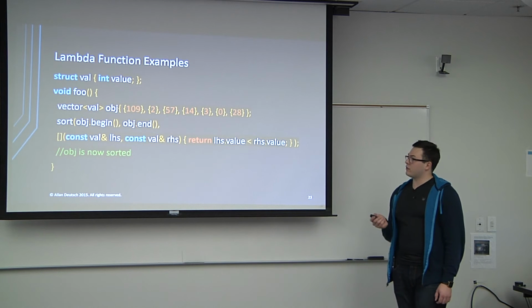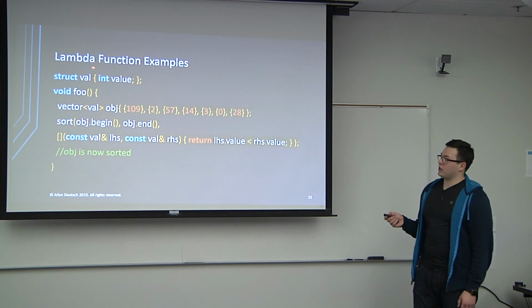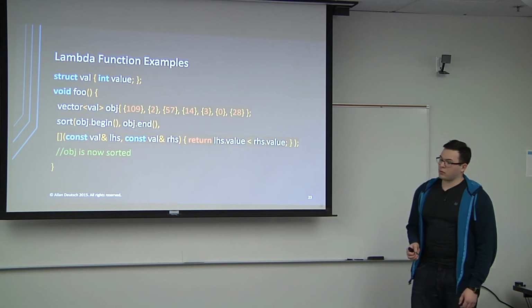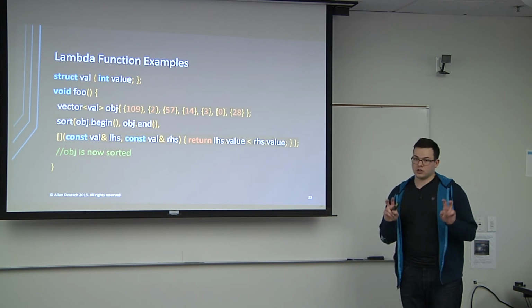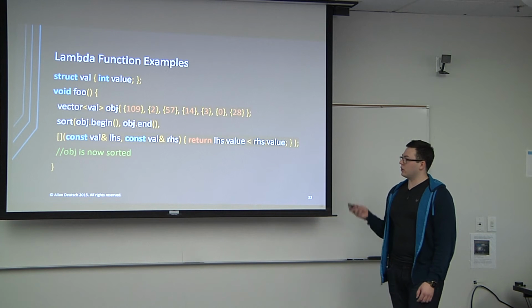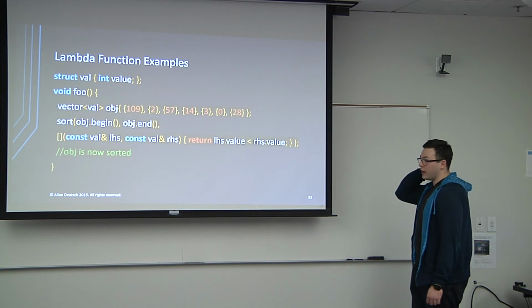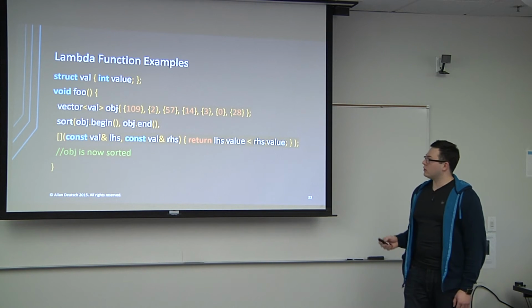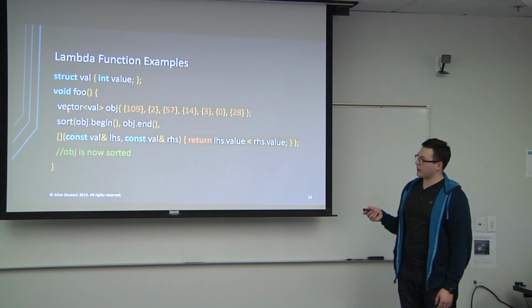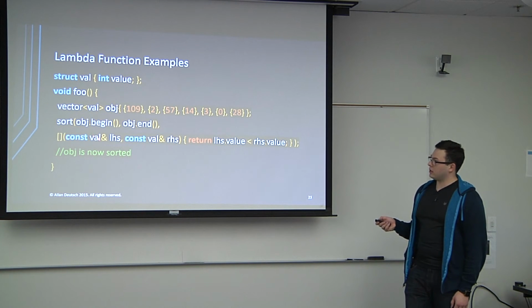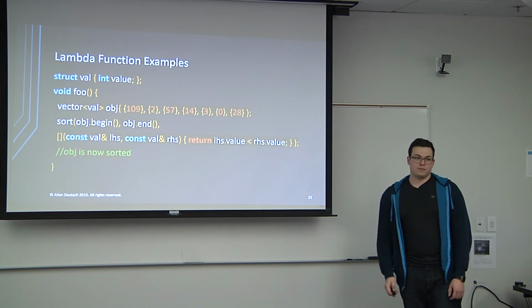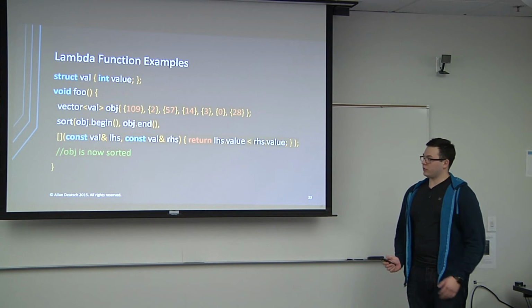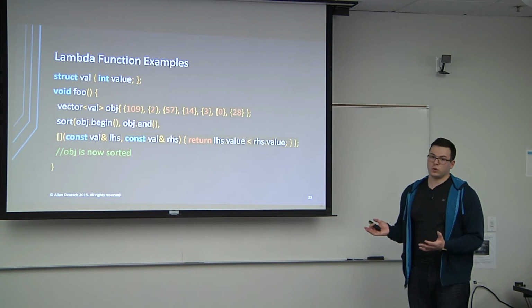And then even though your val struct does not have a comparison operator, the compiler still knows how to sort it because you gave it a comparison function instead of using the operator. So it'll know to use that function instead. And then it'll take your values from your array, or in this case vector, of values, and it'll take them as the left and right hand side parameters and sort using that. So super useful for that sort of thing, where it's one use.